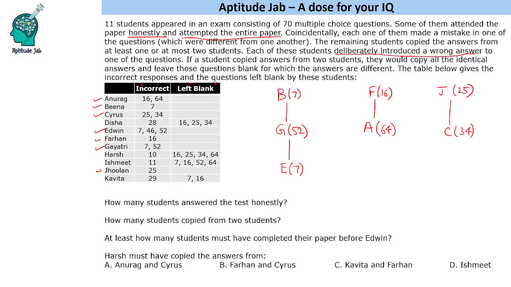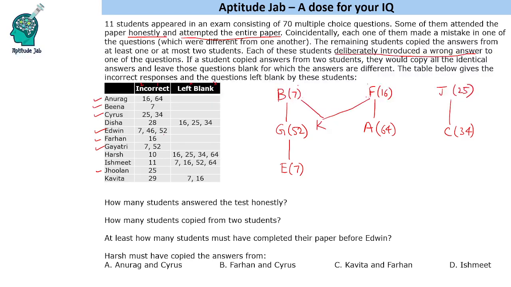Now if we see Kavita, Kavita has left just 2 answers blank, 7 and 16. So from this table we can see that Veena answered 7 incorrect and Farhan answered 16 incorrect. So this means Kavita must have copied from them.